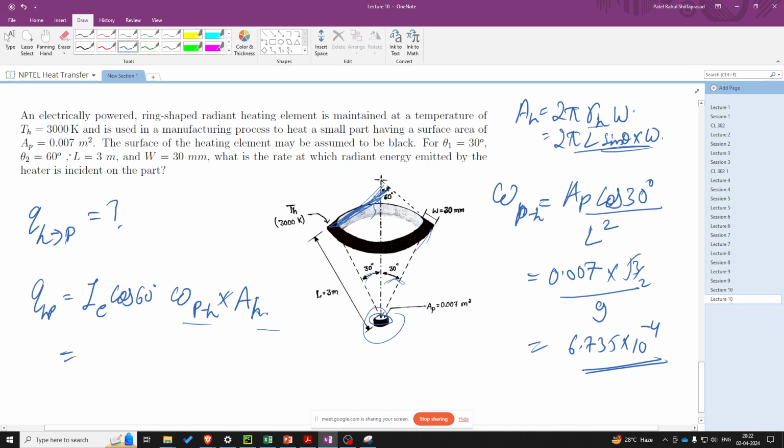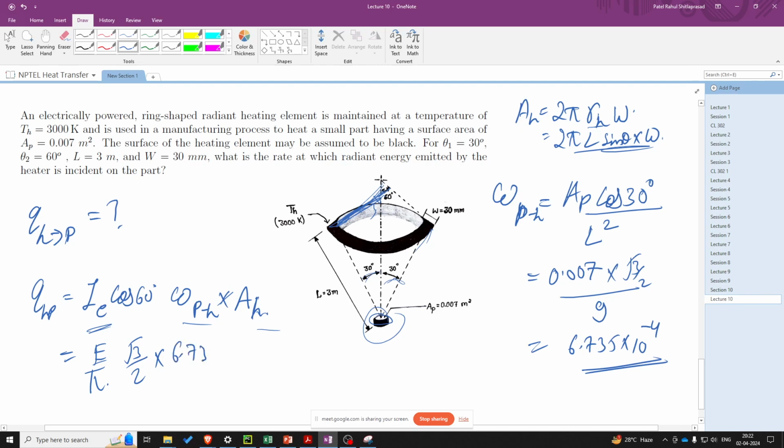So have we been given IE? We haven't been given IE, but we know that it is nothing but E upon pi cos of 60, which is √3/2, omega pH.